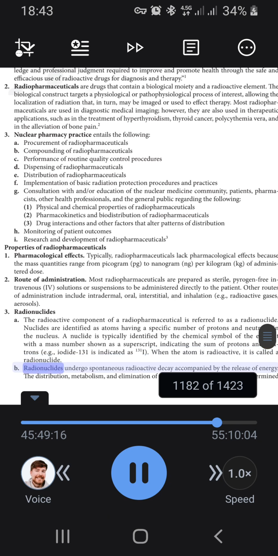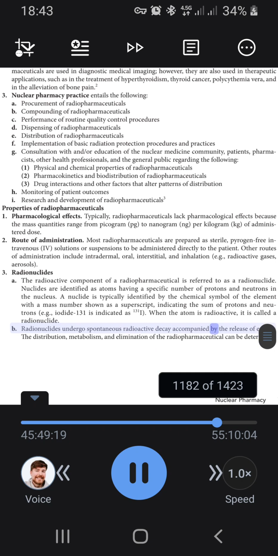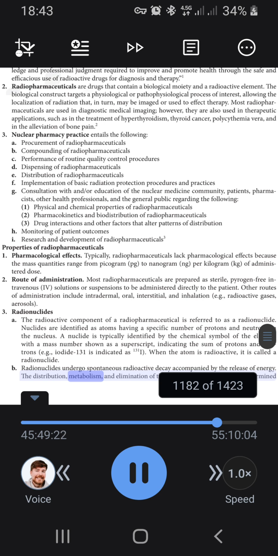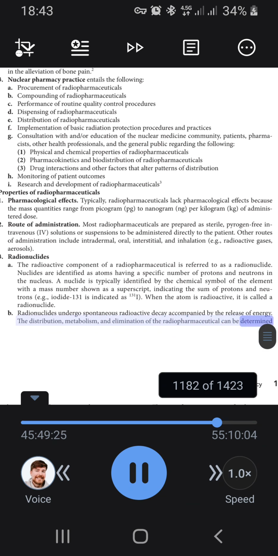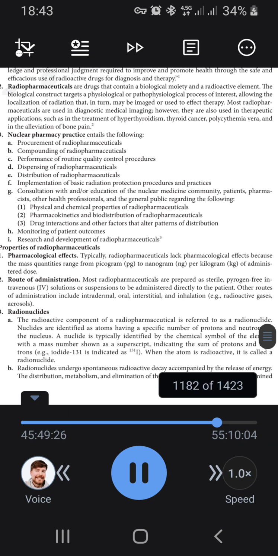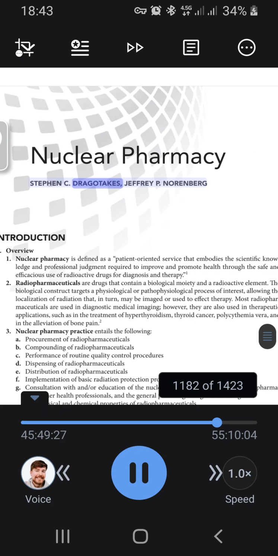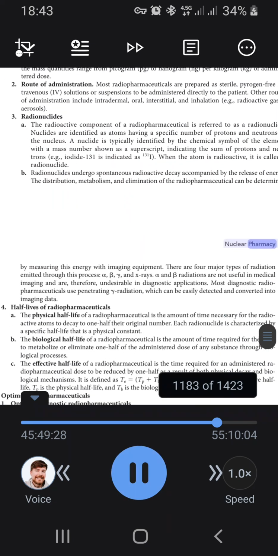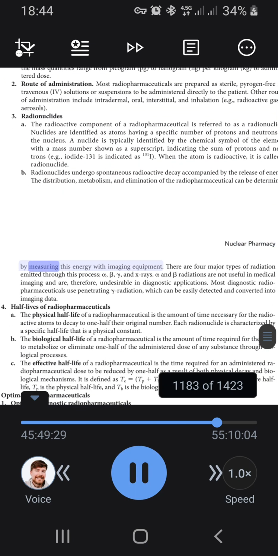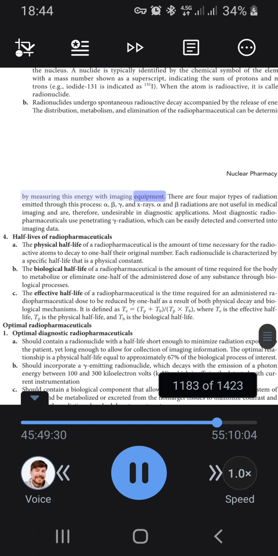B. Radionuclides undergo spontaneous radioactive decay, accompanied by the release of energy. The distribution, metabolism, and elimination of the radiopharmaceutical can be determined by measuring this energy with imaging equipment.